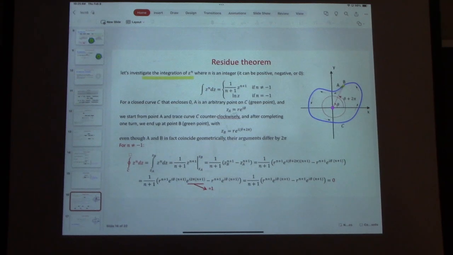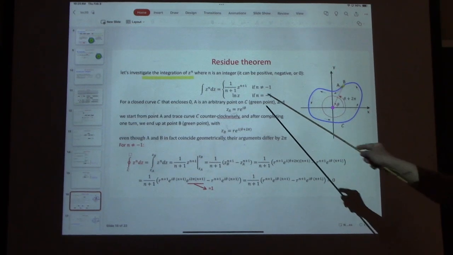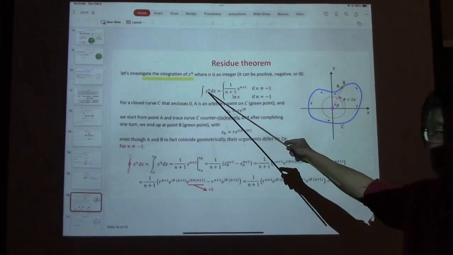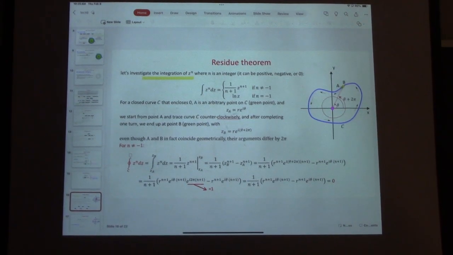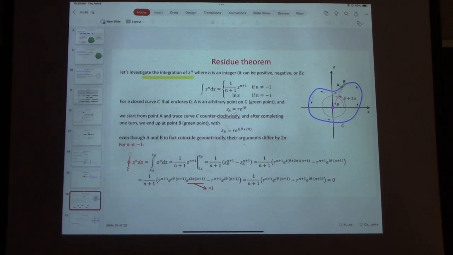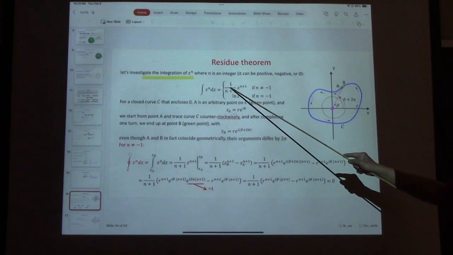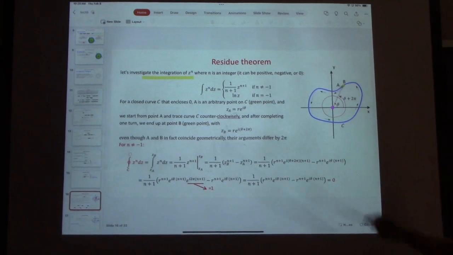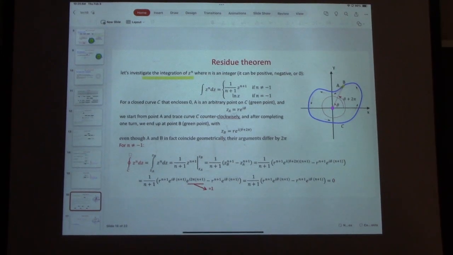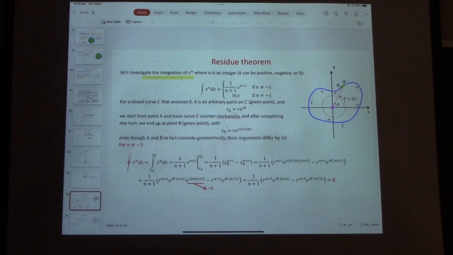Just raise the order by 1, and in front you have 1 divided by n plus 1. We learned that in real analysis. We can show it, because when you take the derivative of this, you immediately get the integrand. All is well, except we need to take care of not dividing by 0. This will work for all n except when n is negative 1. When n is negative 1, we are in trouble.